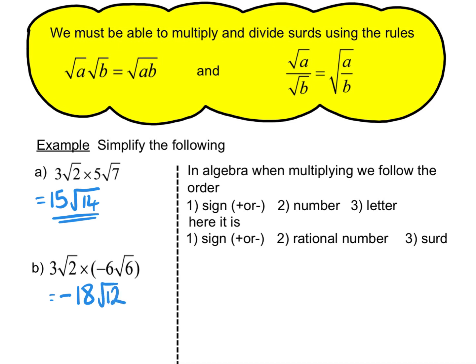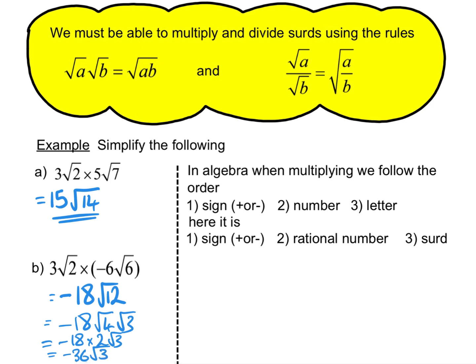We can actually go a little bit further with this, and it's one of the things you always have to check, because in this case root 12 can be simplified a bit further. So we have this minus 18, but root 12 can be simplified into root 4 times root 3, and that then becomes negative 18 times 2 root 3, which becomes negative 36 root 3.